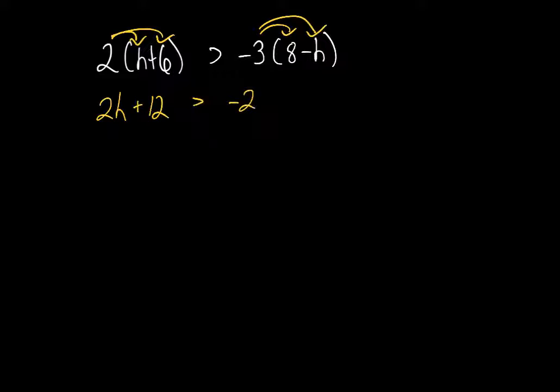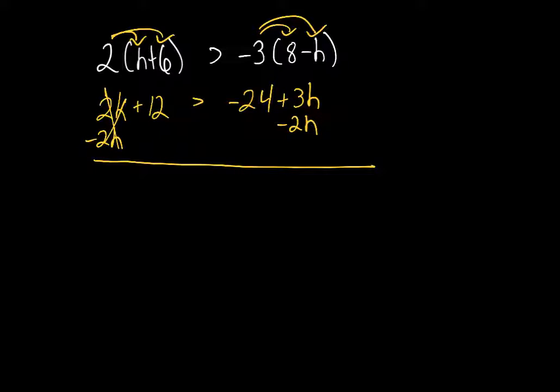We get negative 24 plus 3h, because a negative and a negative is a positive. And now let's get our h's on the same side. I'm going to minus 2h, minus 2h. That crosses out. Leaves me with 12 is greater than negative 24 plus h.